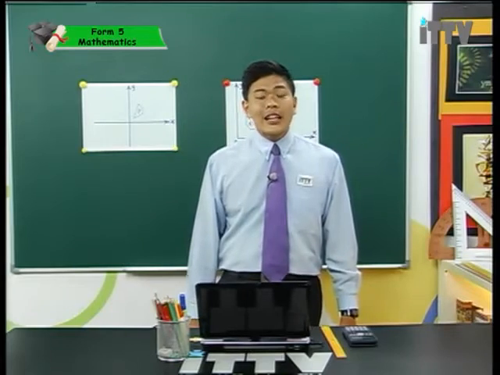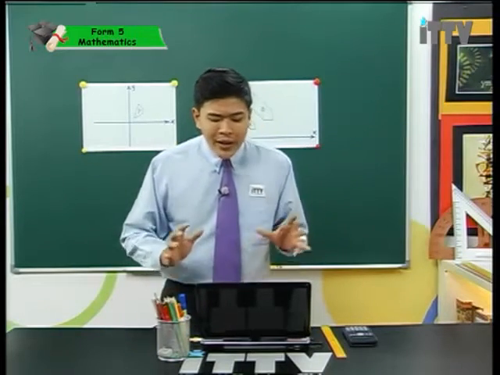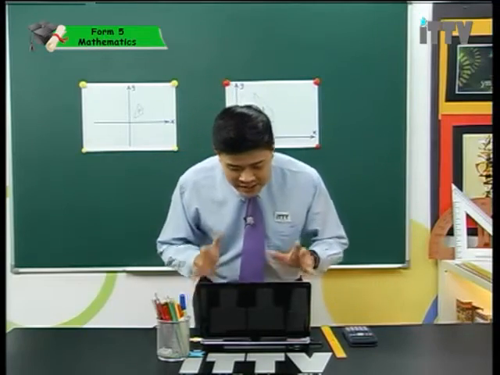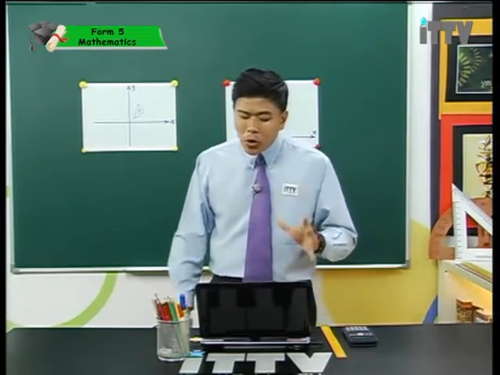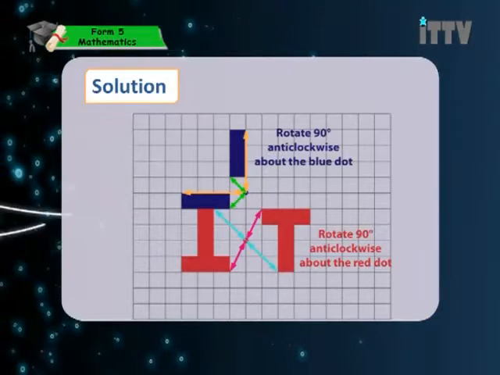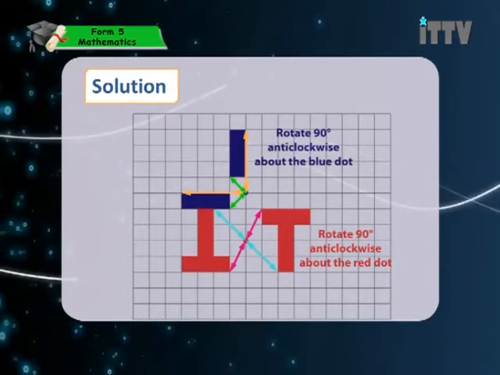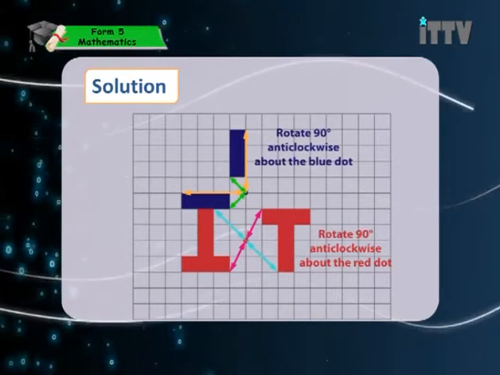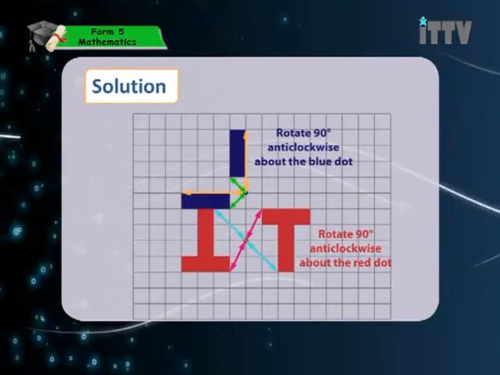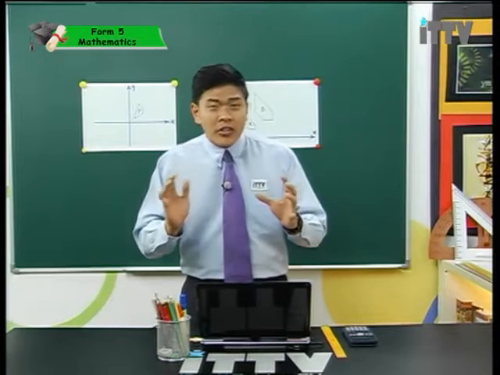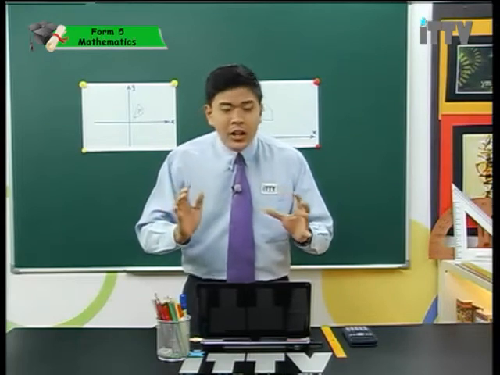Now let's take a look at the solution, and you will get the letter I. Let's look at object by object, starting with the blue one. The blue object is rotated 90 degrees anti-clockwise about the blue dot. Just imagine and visualize it, rotating from 12 o'clock to 9 o'clock.